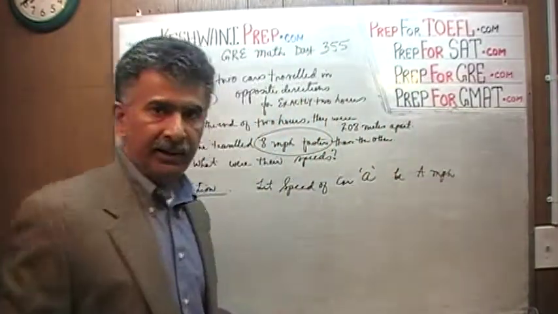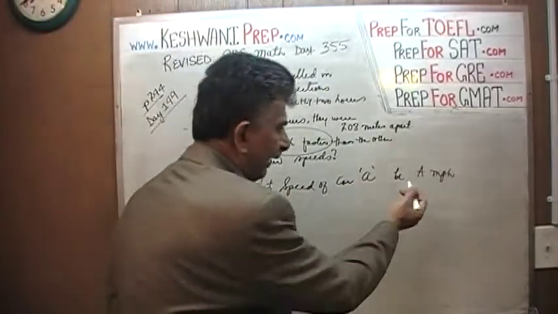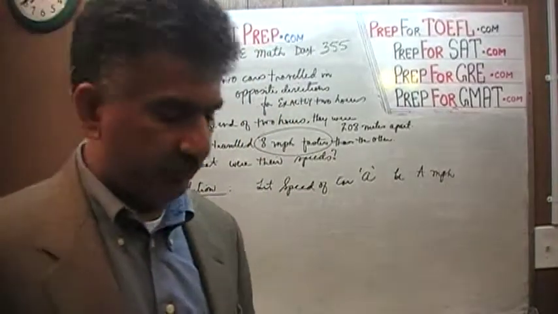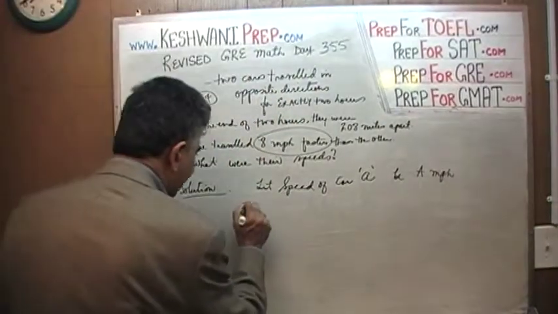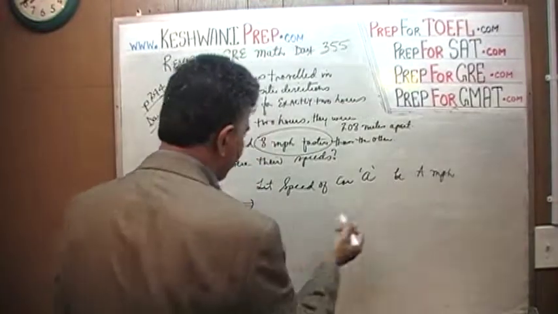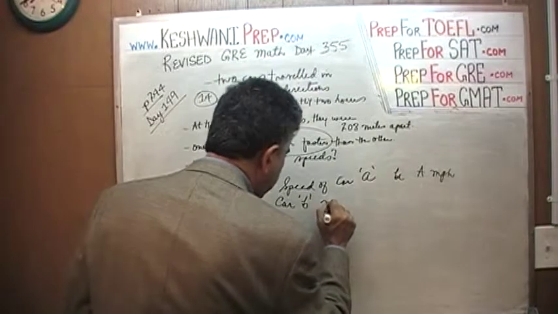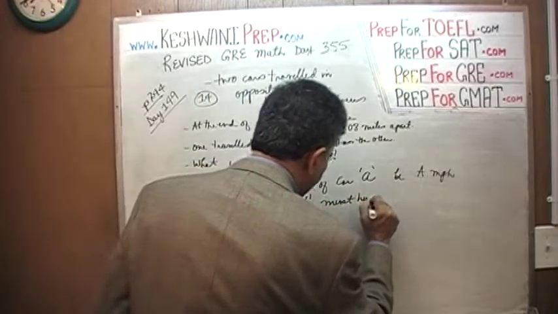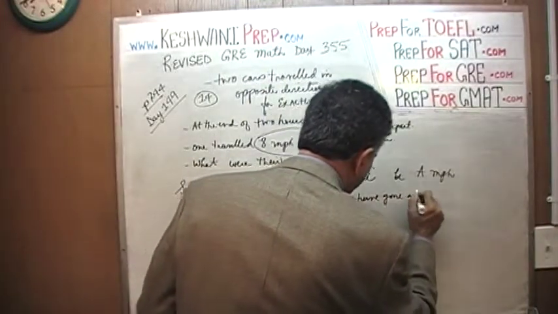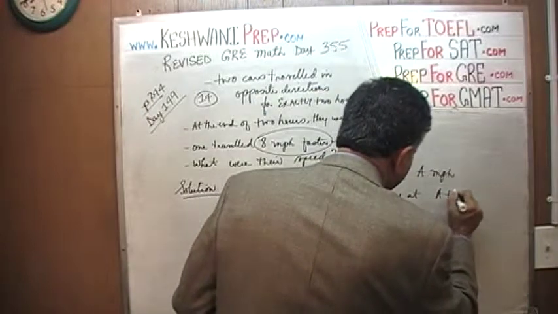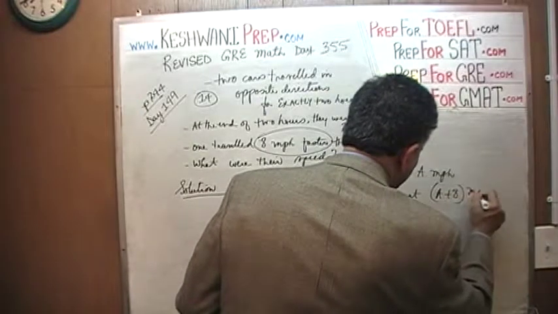So small letter a and b are their names, and the capital letter is a number, whatever speed it was going at. That implies that if car a was going at A miles per hour, car b must have gone at A plus 8 miles per hour.